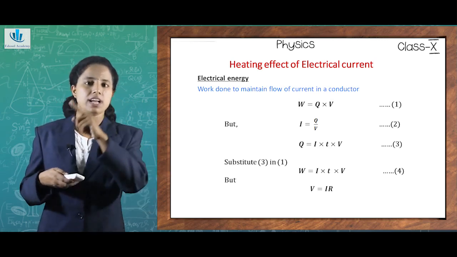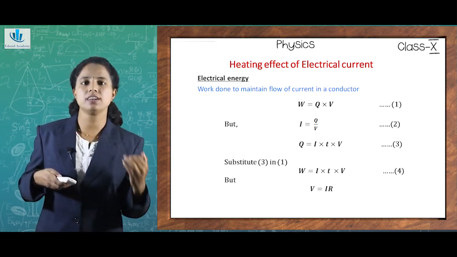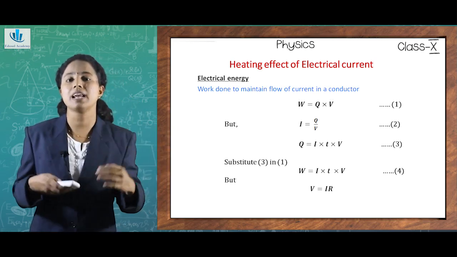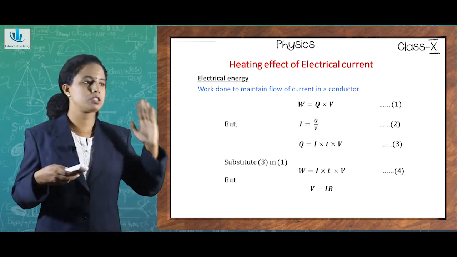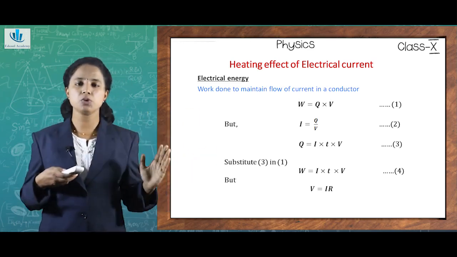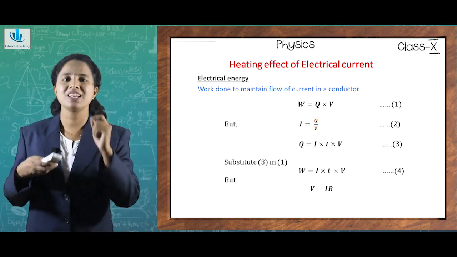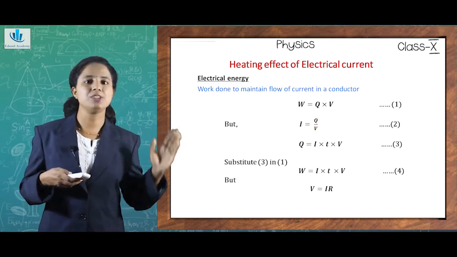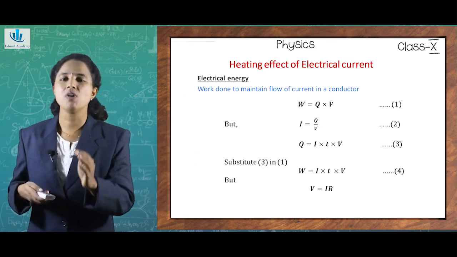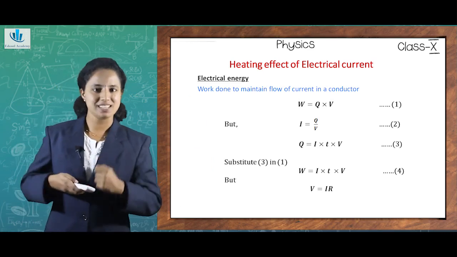Now we are comparing and substituting. From the first equation, W equals Q into V. For Q I substitute I times T. So, I get the final equation 4 as W equals I into T into V. But we already know Ohm's law as V equals IR, isn't it?